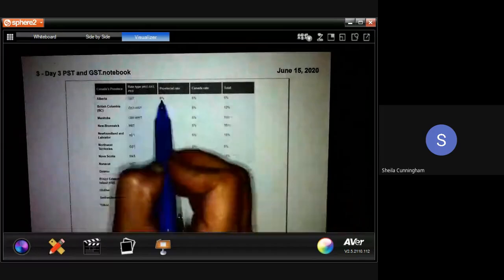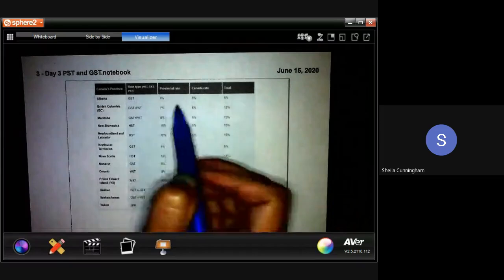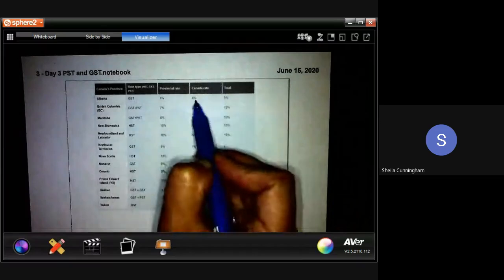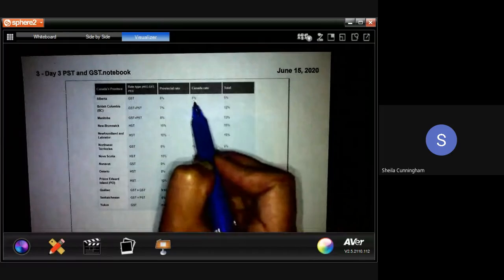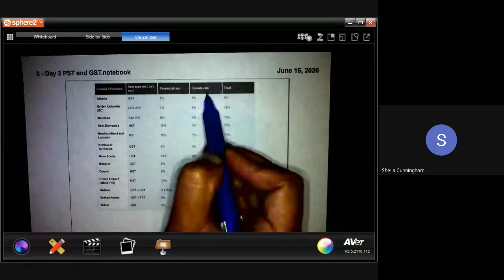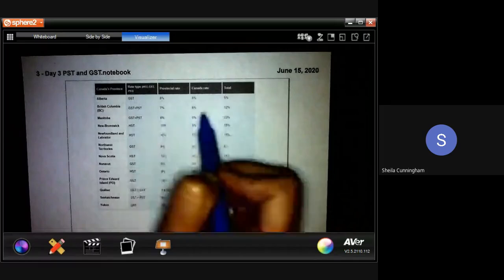Look at Alberta, for example. They don't have a PST at all. It's sitting at 0%, but people that purchase in Alberta still have to pay a 5% GST.